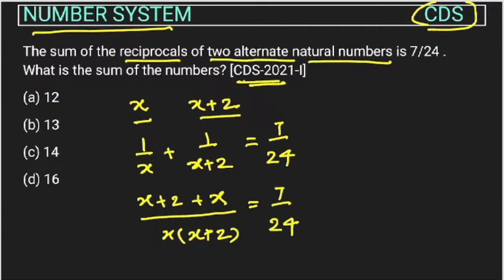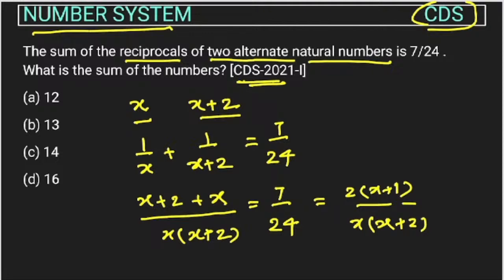So this will become 2x plus 2, so this will be 2x plus 1 upon x, x plus 2, right. So now this is equal to 7 upon 24, right.